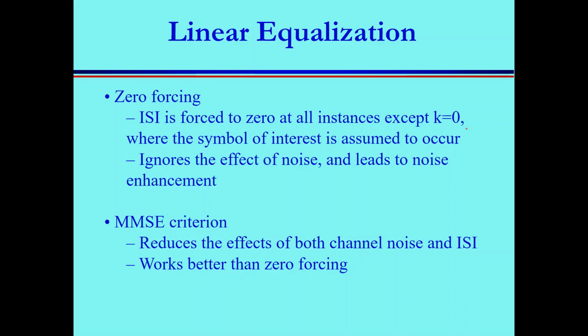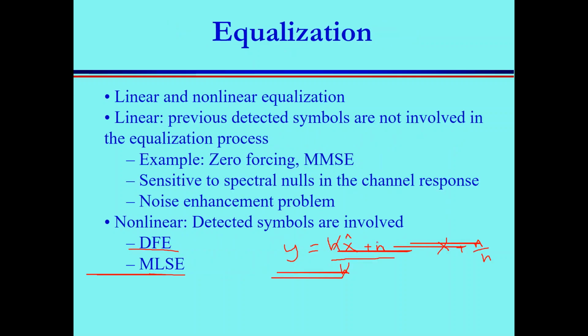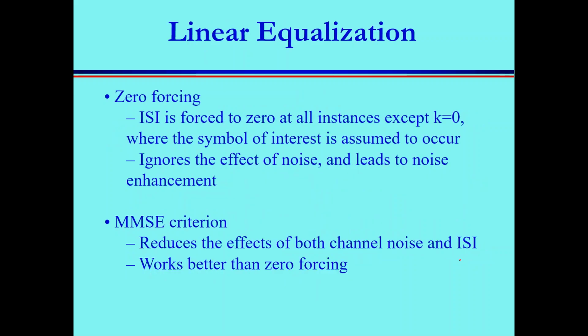You have interference after k equals 0 due to the spread of the channel, where the symbol of interest is assumed to occur at k equals 0. It ignores the effect of noise and leads to noise enhancement. It just divides by H and does not care what will happen to N. One of the solutions for this problem is to avoid the deep fade channels. Don't equalize when you have a deep fade. Don't even transmit over them.